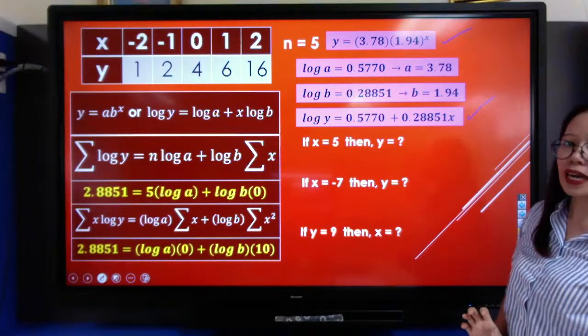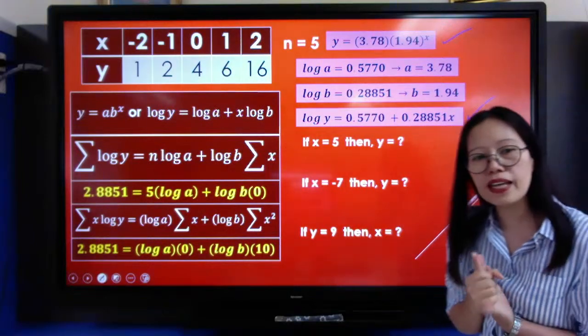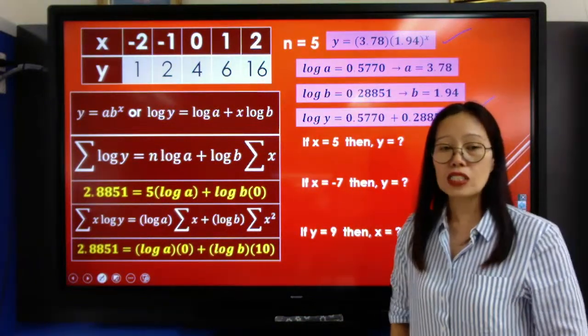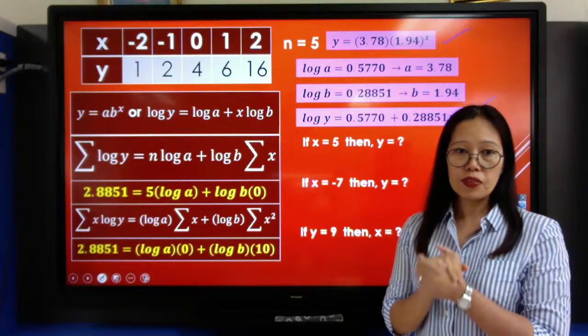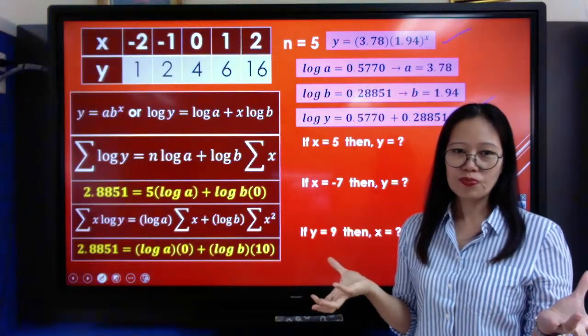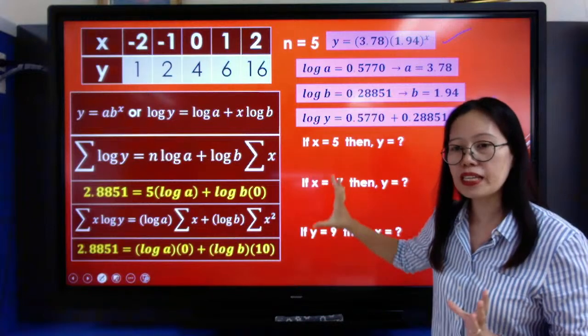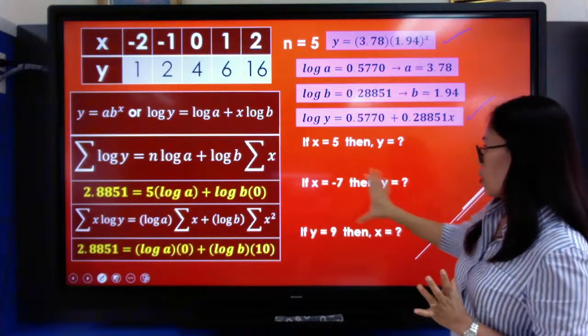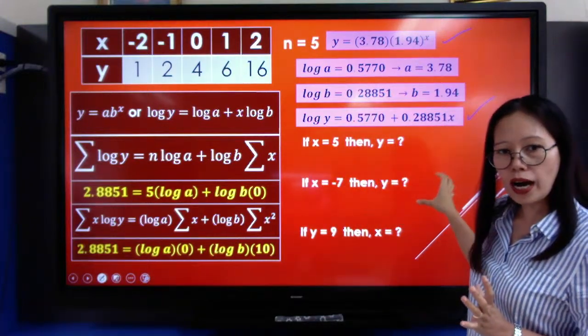Since we already identified our functional relationship, next, of course, we can already predict values of y.